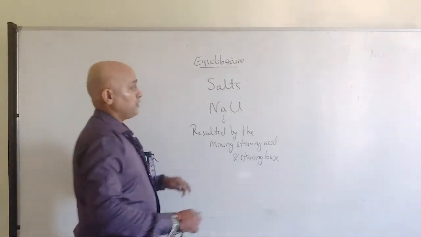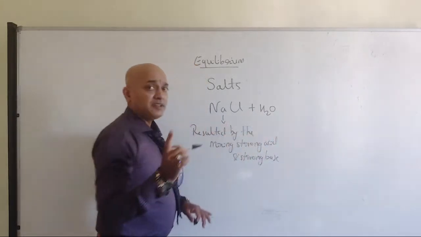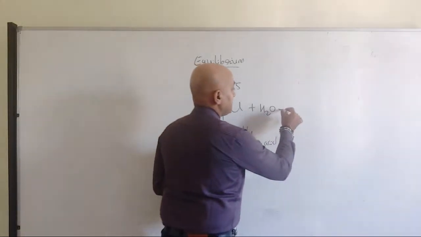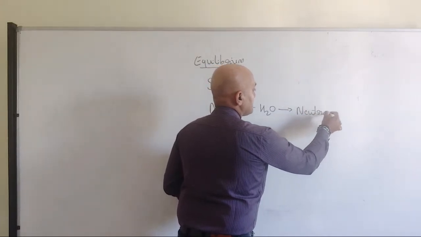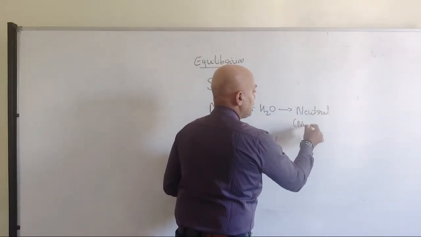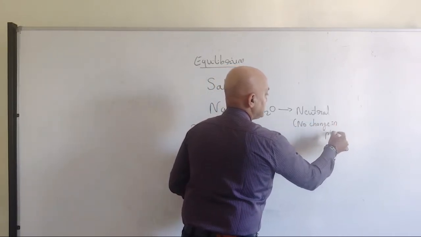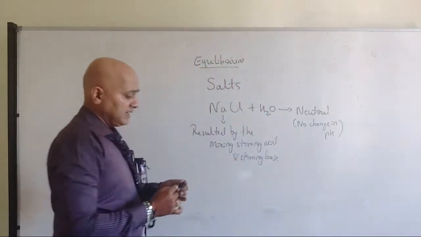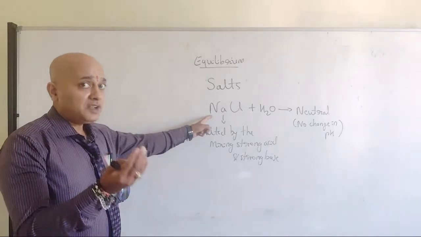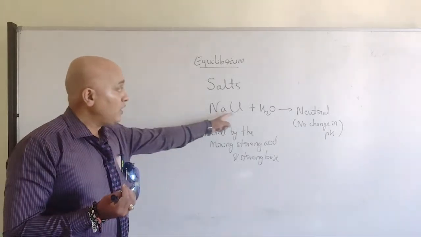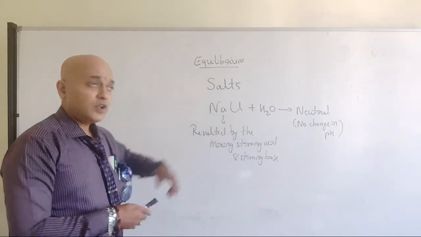So when I add it to the water, the solution will remain neutral, no change in pH. Why is there no change in pH? Because Na plus will not take up the OH minus, and Cl minus is not going to take up the H plus. Got my point?